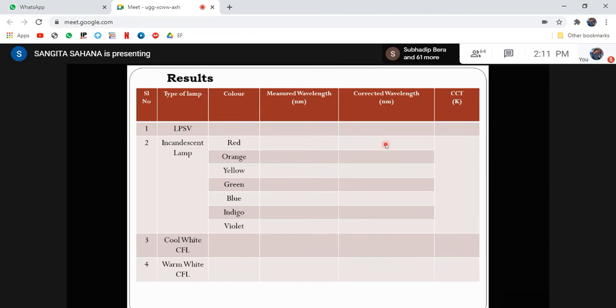Then if there is any error in the instrument, you have to correct them, whether it's positive error or negative error, and the CCT. So here I have shown only the case for incandescent lamp, because you know that for incandescent lamp you will get all the colors. So you have to write down the range. Similarly, for the other three lamps, you have to write down the observed colors and the corresponding wavelength.